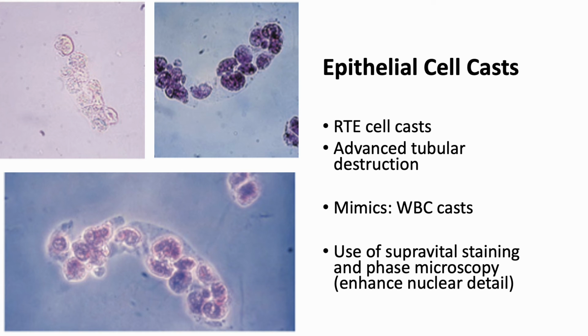The epithelial cell cast can accompany the presence of WBC casts in cases of pyelonephritis. However, the WBC cast is a common mimic of the epithelial cell cast, hence supravital staining and phase microscopy can be used to enhance the nuclear detail and assist in distinguishing the two.